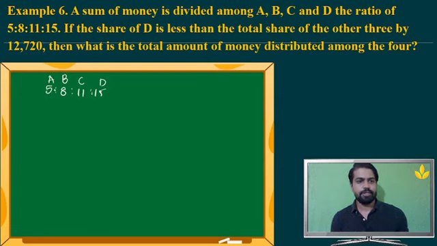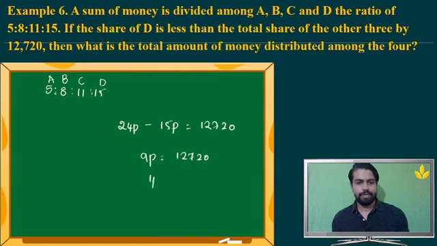So when I see this, 15 parts is less than the sum of the other parts. 8 plus 5 is 13, 13 plus 11 is 24 parts. So the difference is 9 parts, which is equal to 12,720.